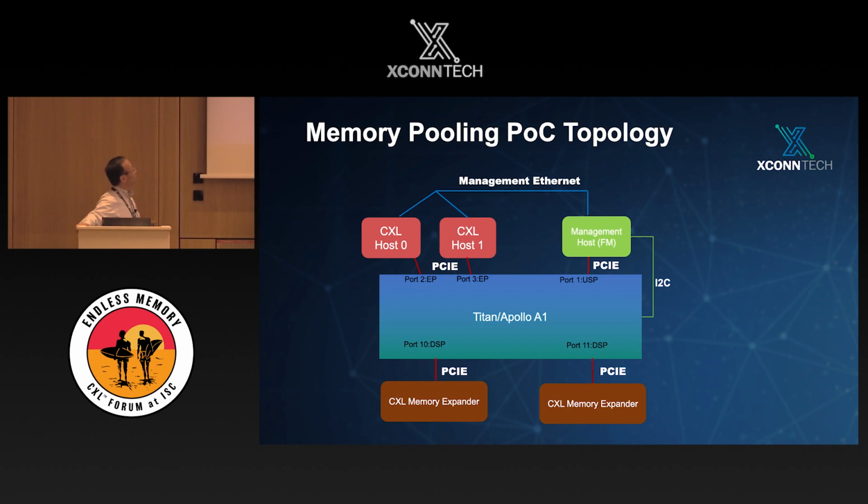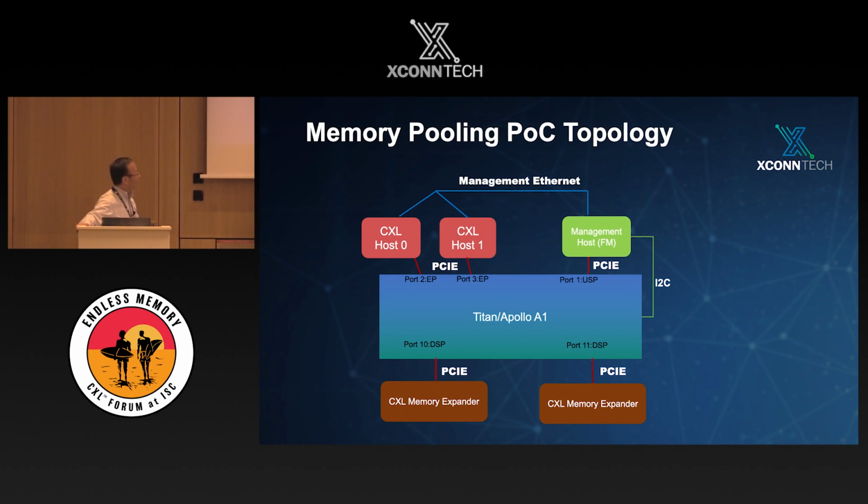For the memory pooling topology, because this memory pool is shared by multiple hosts, here we just use two hosts to represent this development platform. That's our setup in our lab. Of course, once you have two hosts working, you can further expand it to 4 or 8 hosts.